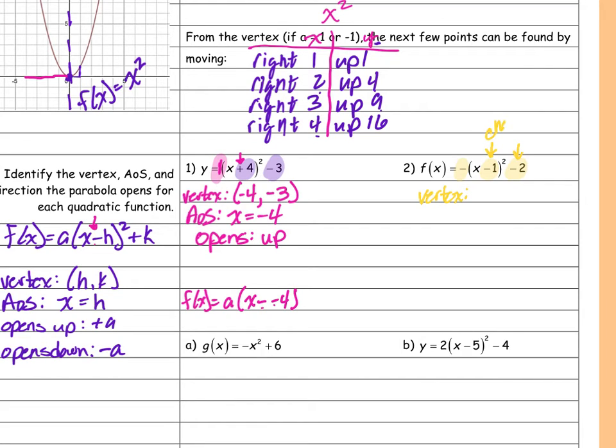So my vertex is going to be 1, -2. And my axis of symmetry is x equals 1. And then it's going to open. Well, A is negative this time. See, there's a negative out here. So it's going to open down.